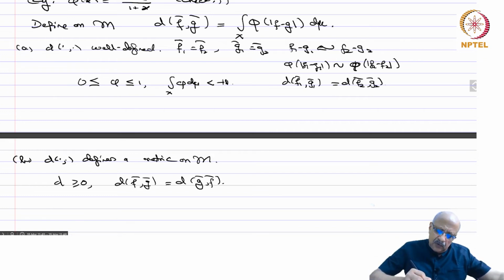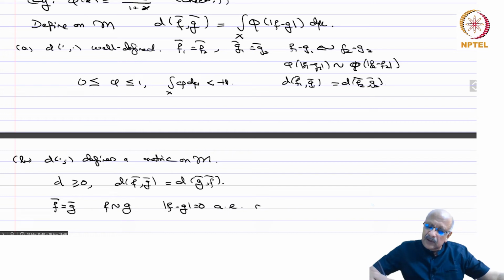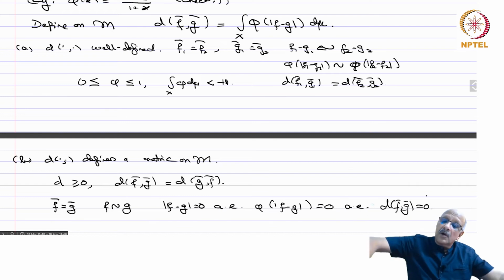Now assume f bar equal to g bar, that means f is equal to g, so mod f minus g equal to 0 almost everywhere. That means phi of mod f minus g equal to 0 almost everywhere. Therefore d of f bar, g bar equal to 0.